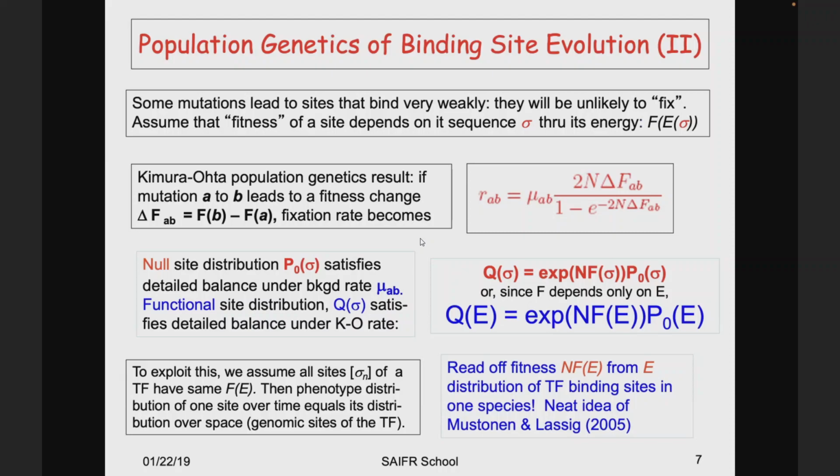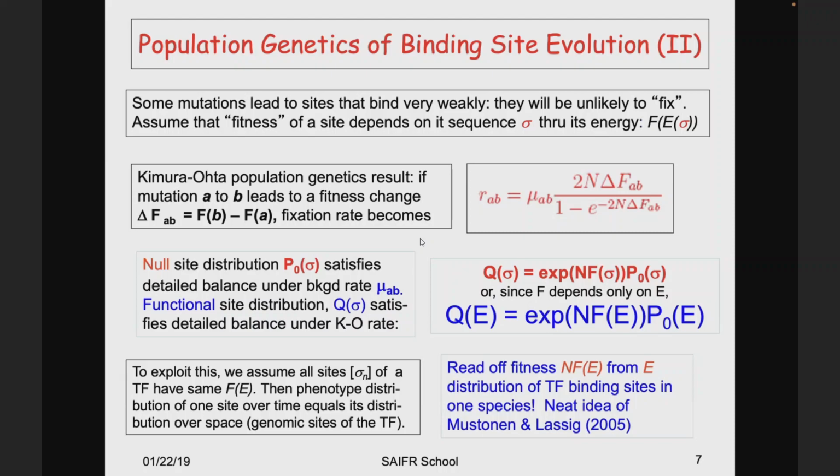So what we really would like to know is how the fitness depends upon the sequence. We assume that the fitness depends on the sequence through the energy. So what we're really looking for is the function, the fitness as a function of the binding energy of the transcription factor. That's our problem. Okay, we don't yet know that.